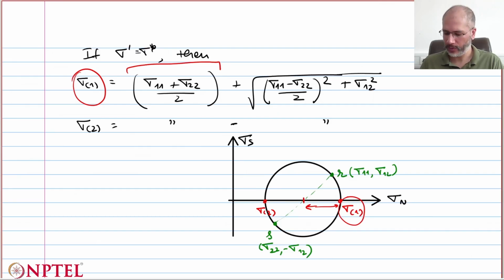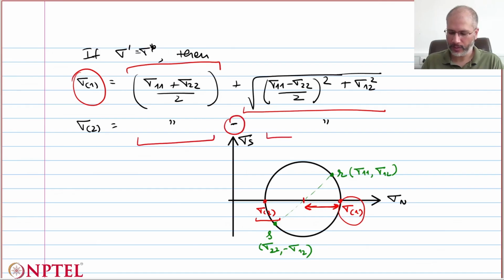That's the average of R and S. And then this distance that you have is simply the radius of the circle, which we had found out earlier as this expression. Similarly, if I have to find sigma 2, which is symmetrically on the left of the center, that's the same quantity minus the radius.